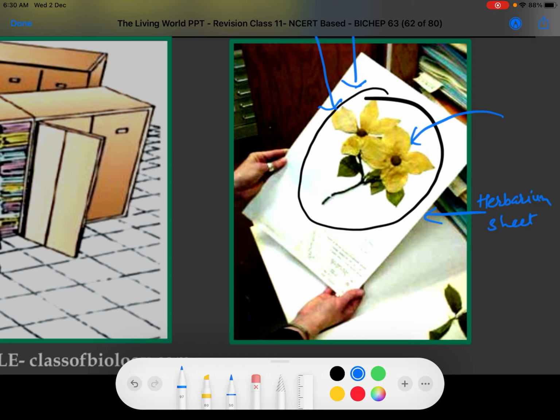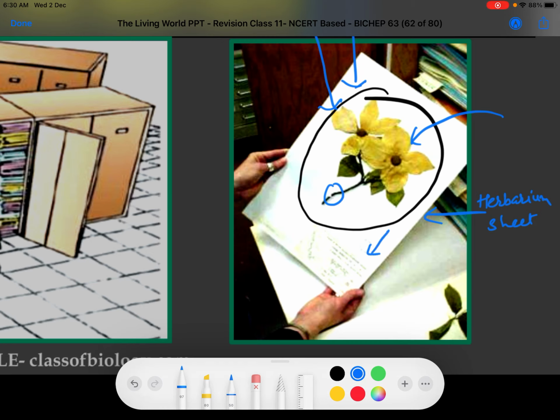You are supposed to tie it with thread, sellotape or gum, whichever suitable method you can find.